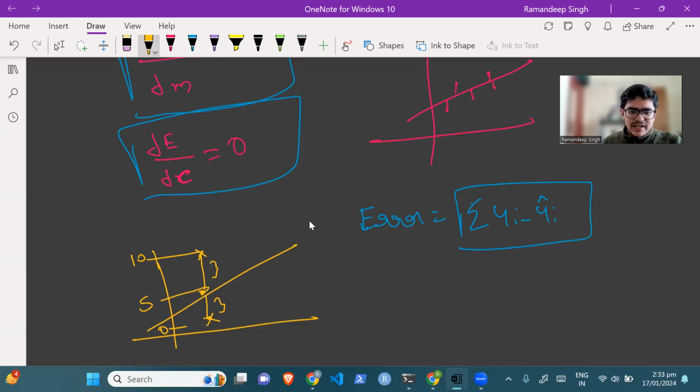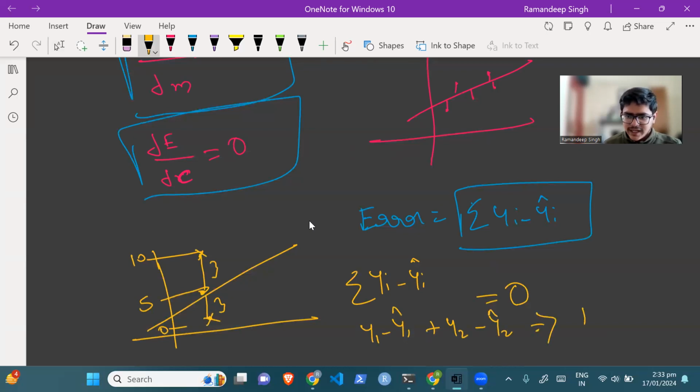So when we calculate our error, that is the summation of yi minus yi hat, this will lead to 0. Because if I subtract y1 from y1 hat plus y2 from y2 hat, this implies 5 minus 5 plus 10 minus 5 plus 0 minus 5, which is 5 minus 5, equal to 0.